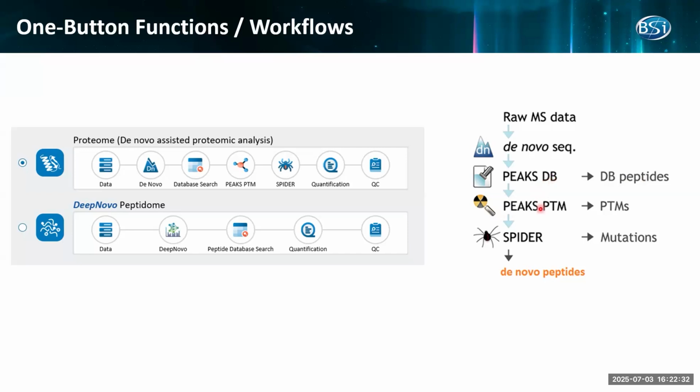Otherwise, we check whether it's a modified peptide or a mutated peptide, and we take this preference. If all those are exhausted and we couldn't find one, and there is a very good de novo peptide sequence, we will output it as a novel peptide. So this is the workflow in all PICs functions, regardless of whether it's DDA or DIA.